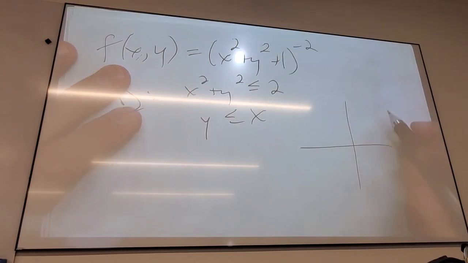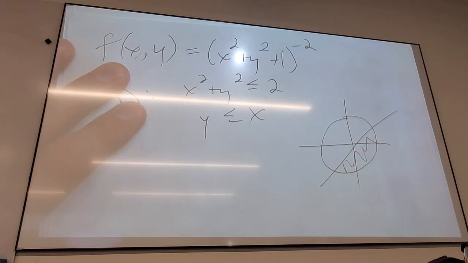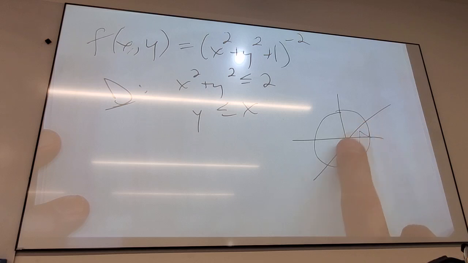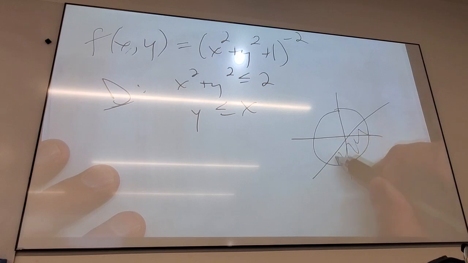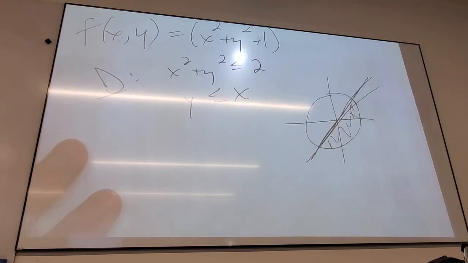Roughly, I know I'm going to have a circle of radius square root of 2, and this line, but that's not good enough. I need some more detail. If I knew where those two things intersected, I could go from there. Some of you might realize what angle this defines: a 45-degree angle.